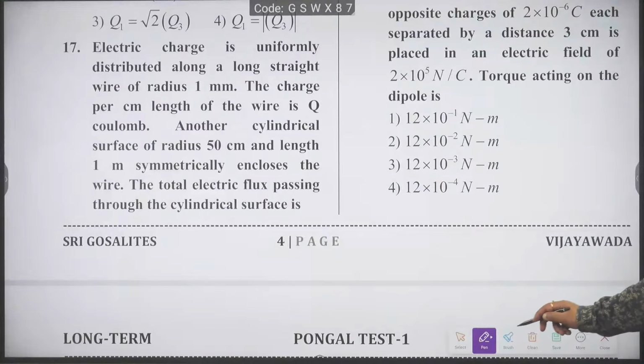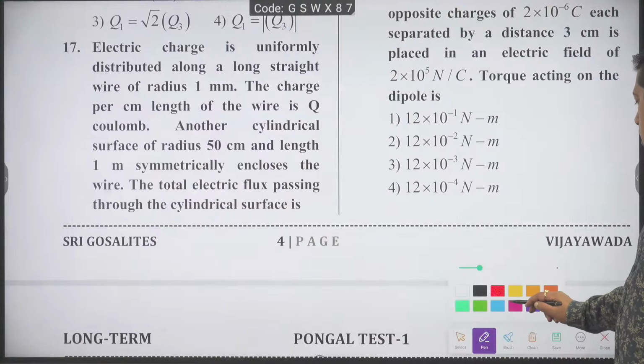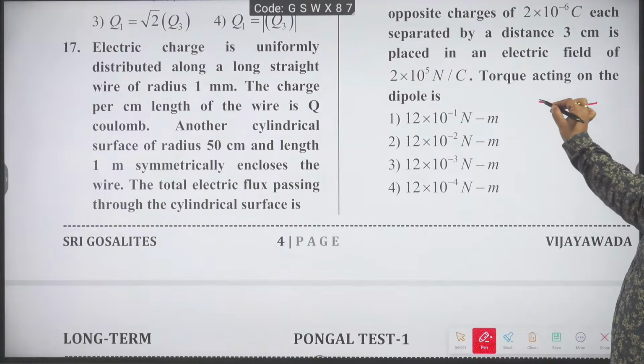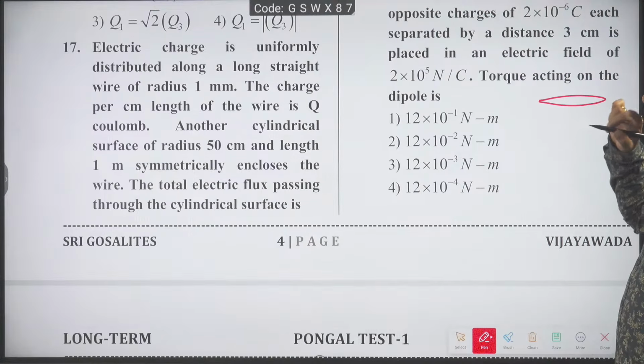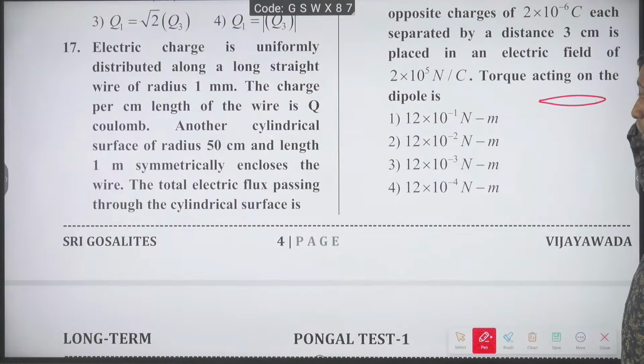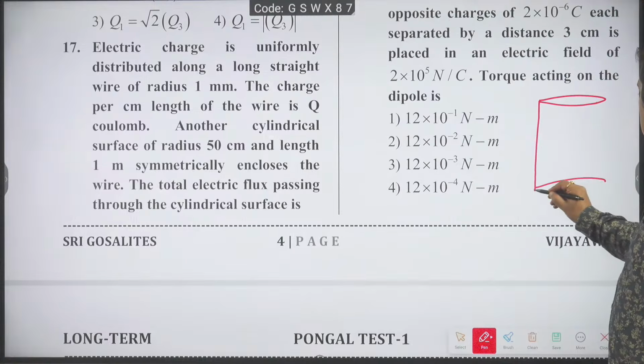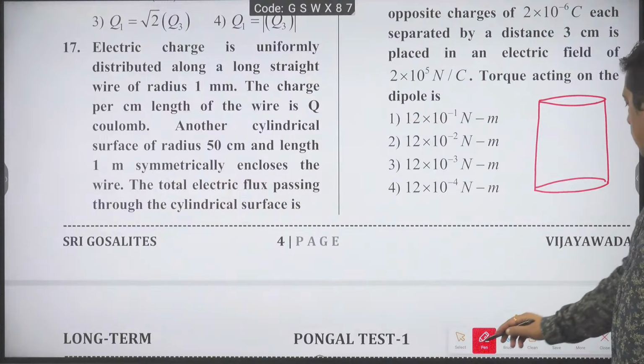Let me help you with the diagram. Charge per centimeter, another cylindrical surface of radius 50 centimeter and length 1 meter.